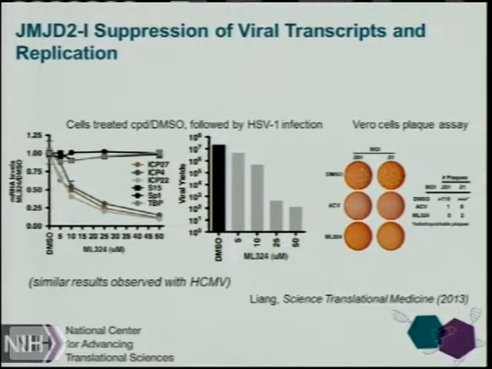Treatment with the inhibitor leads to dramatic reduction in viral yield based on looking at viral counts, also looking at plaque assay, leading to almost complete eradication of the viral plaques. By comparison, we have acyclovir, which is the standard of treatment, and it's a replication inhibitor. So you can see the Jumonji inhibitor performs just as well, if not a little better.